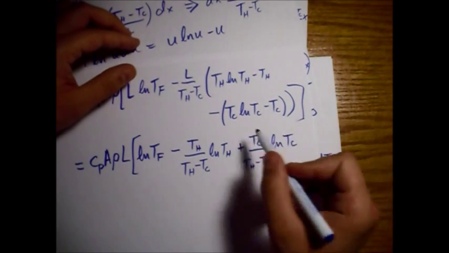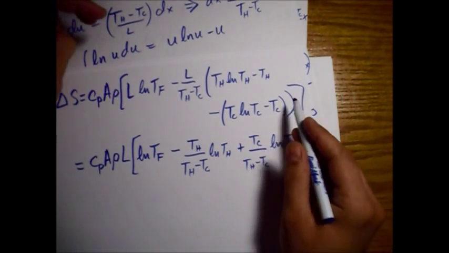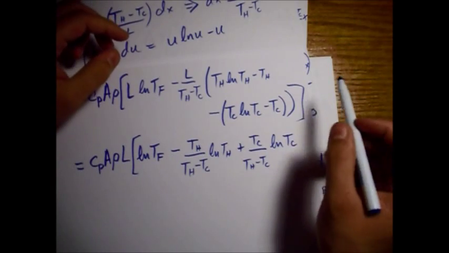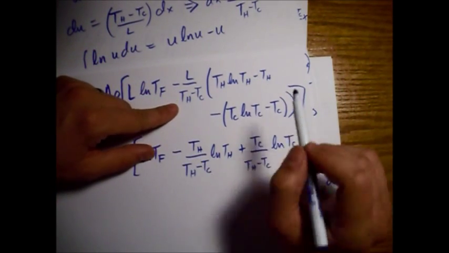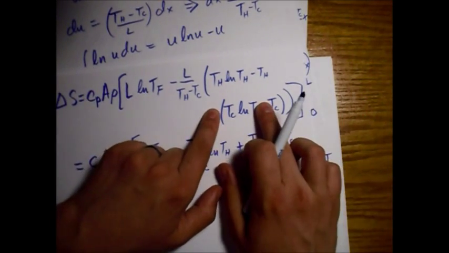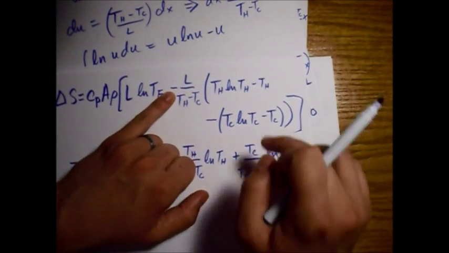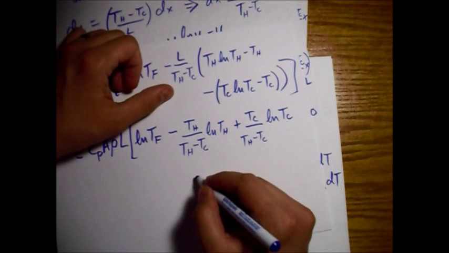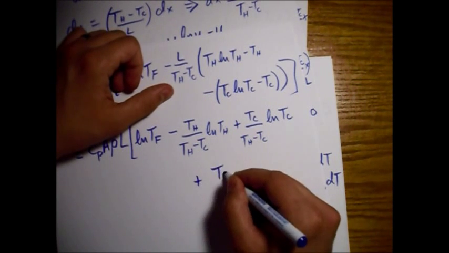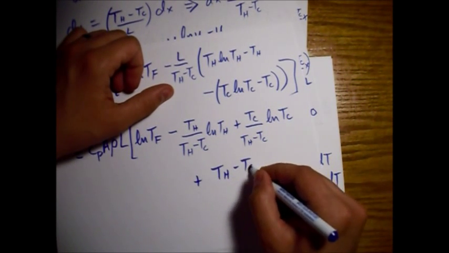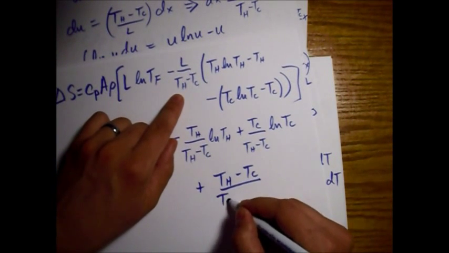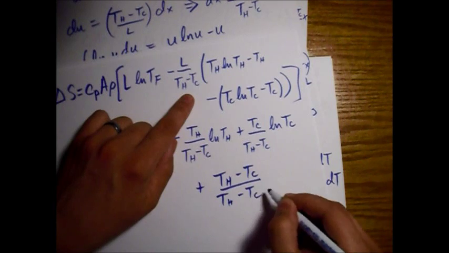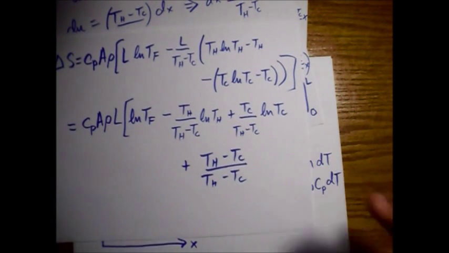I saved them for last because I'm going to combine them. This one's positive, but then it goes negative again, and this one is positive. So what we're going to have is Th minus Tc, and then they're both over this Th minus Tc, and it's just 1.